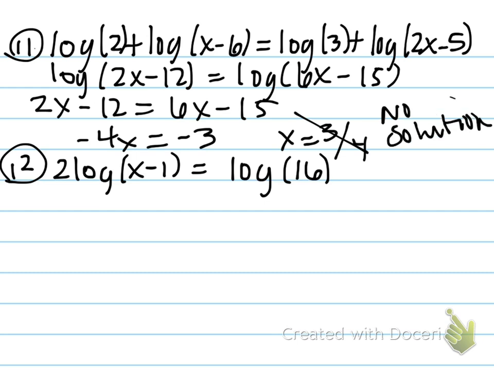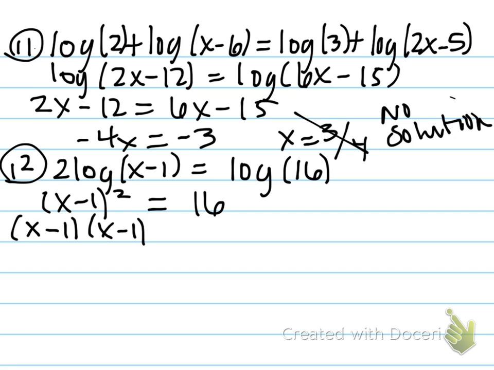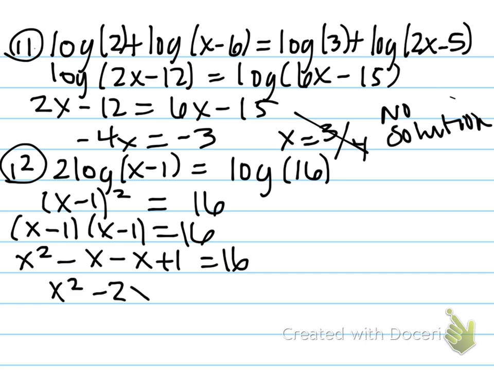All right, last but not least, I have x minus 1 squared equals 16. When I do a power to a power, I'm doing x minus 1 times itself, and I need to make sure I distribute. So I get x squared minus 2x plus 1 equals 16.